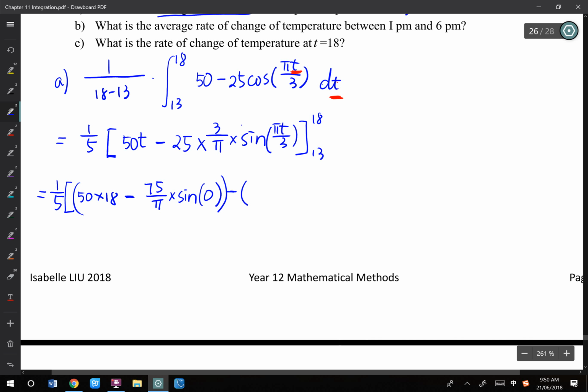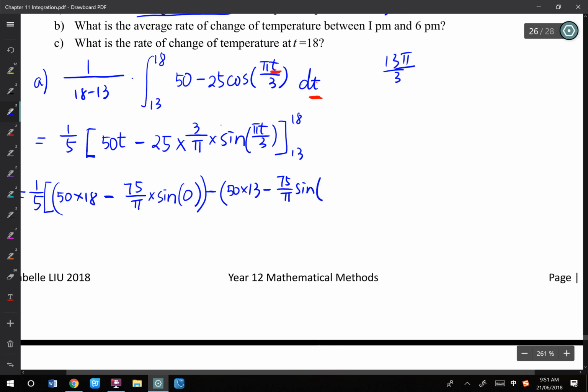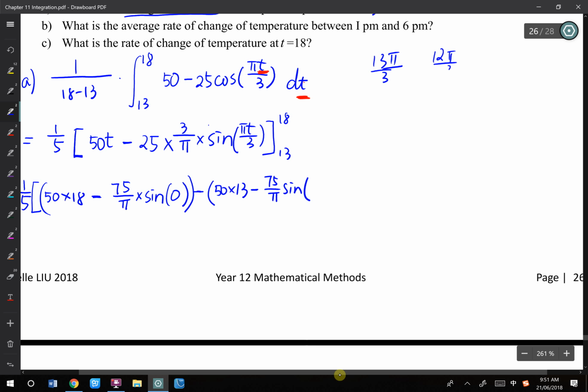you sub 13, so it's 15 times 13, minus 75 over pi sine. Okay, what we have here is 13 pi over 3. So it's 12 pi over 3 plus pi over 3.